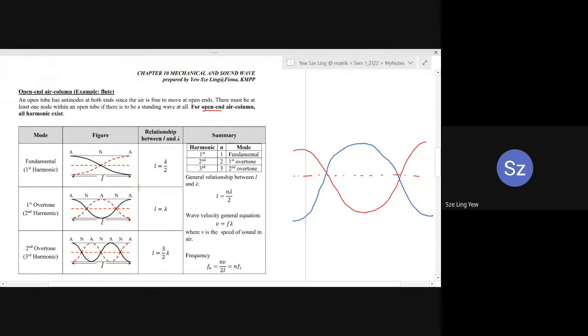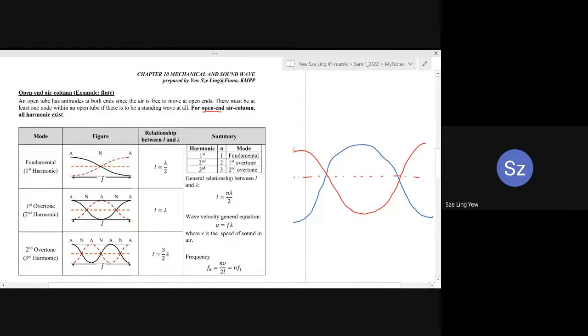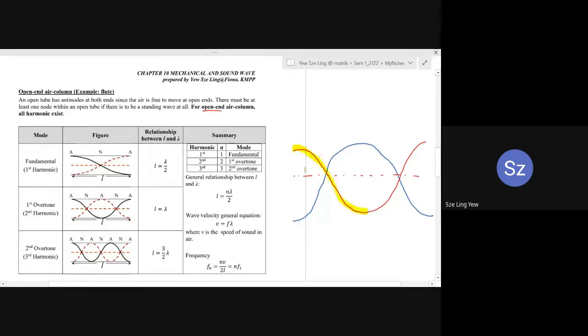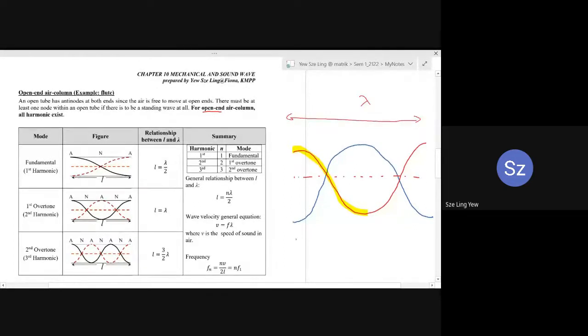If you look at the figures given in the table, it gives you from positive nodes to negative nodes, which means you're looking at this side of the wave. This length also represents half wavelength, because from here to here is one wavelength, and the part we are looking at in the first figure is wavelength over 2.